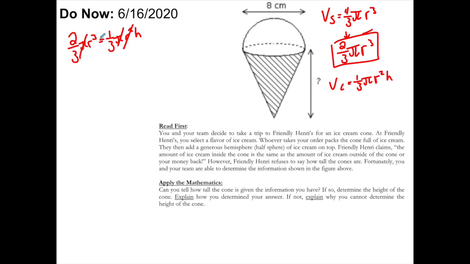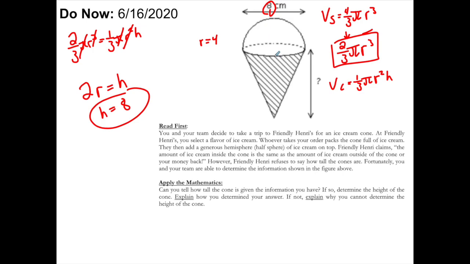Then 2 of these r's will cancel with 2 of those r's. And then I'm going to multiply through by 3. So I have 2r is equal to h. And now I know that r, because 8 is equal to the diameter, r is equal to 4, so h is equal to 2 times 4, which means that 8 is equal to h.